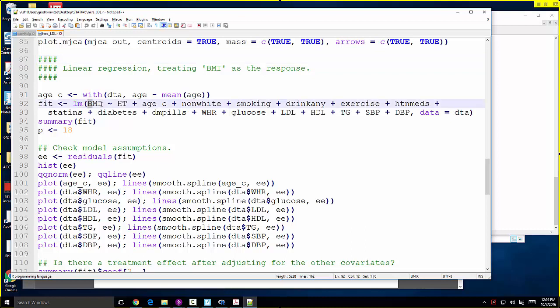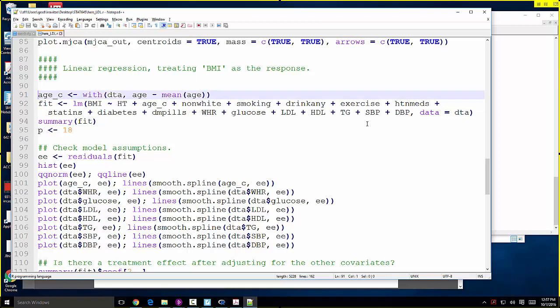I have a continuous, at least numeric, response variable, and I'm going to use all of these predictor variables in the model. I don't have any interactions. I haven't explored interactions. Ideally, you would, but we're just going to fit this model for now with only main effects, no interactions.